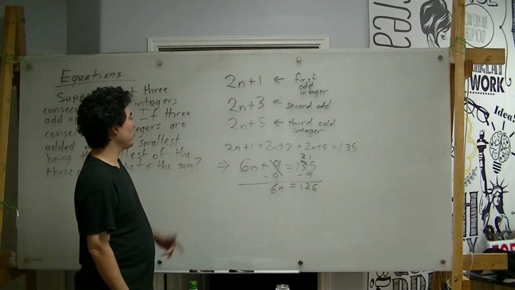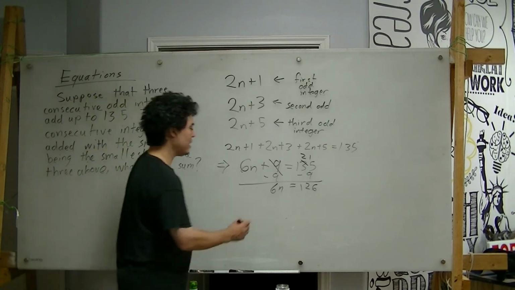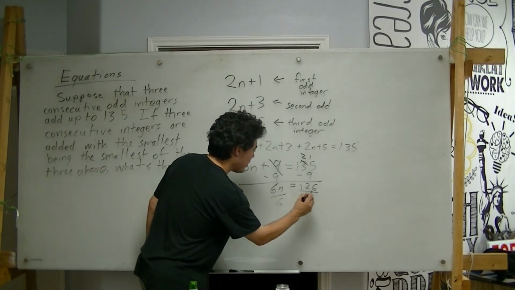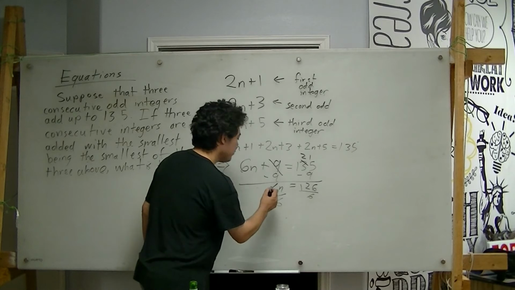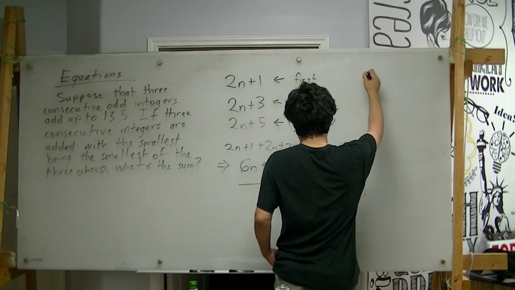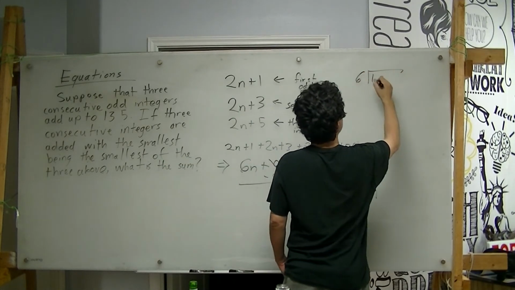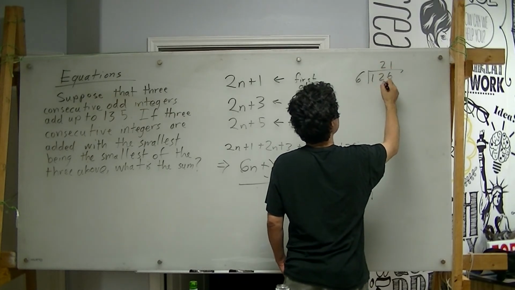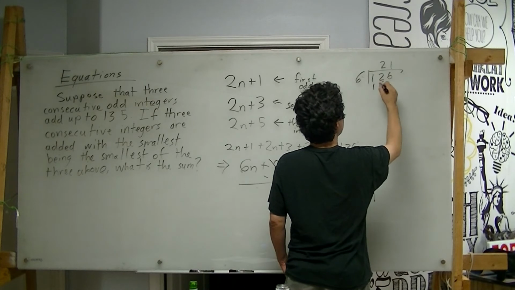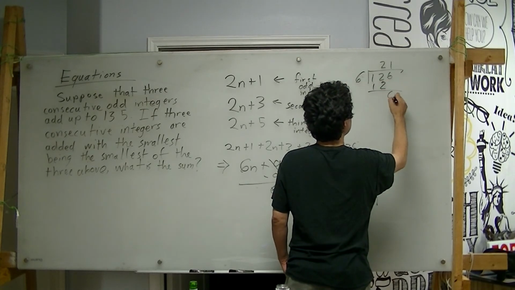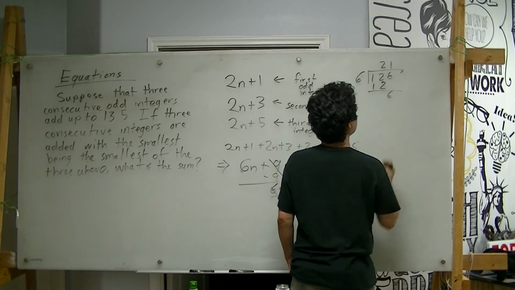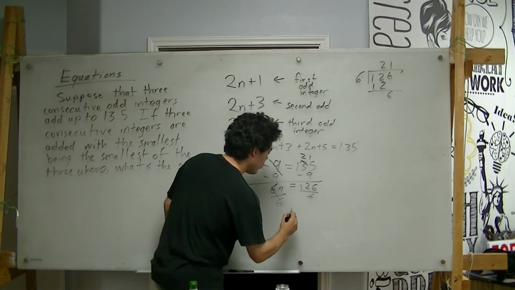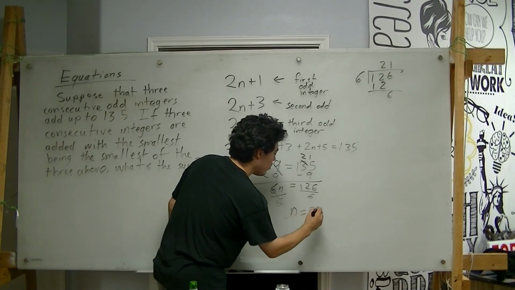We now divide both sides by 6. Well, 6 goes into 126, 21 times. 2 times 6 is 12. We bring down our 6, 6 goes into 6 once, 21. So n equals 21.